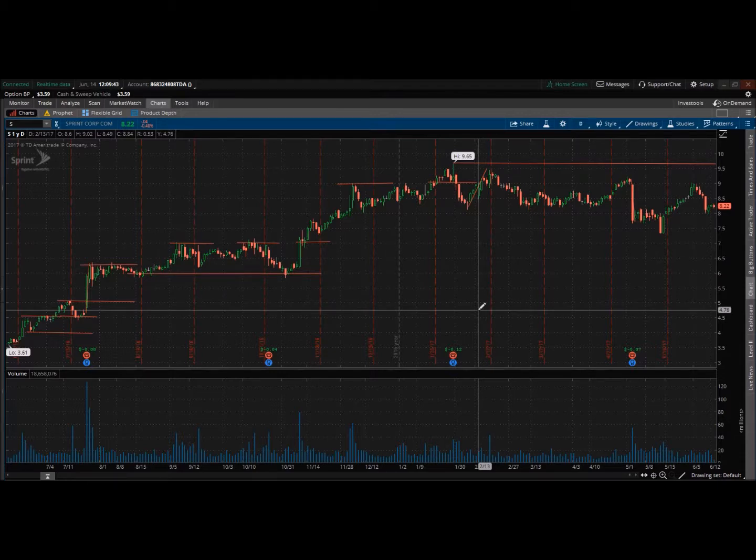But yeah, so basically resistance is points where the stock has had trouble breaking through because buyers lost confidence and sellers started to come in, so they didn't let it break through. And these are points that, like I said, the stock has had a known history of having trouble getting through.